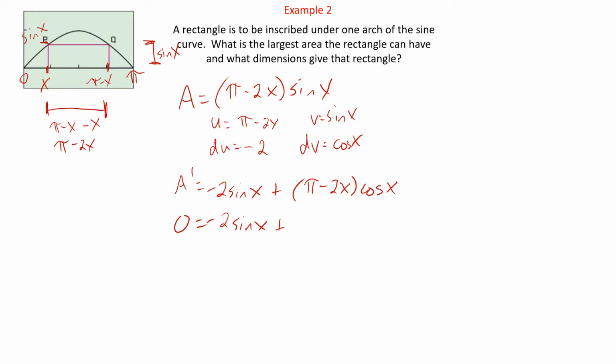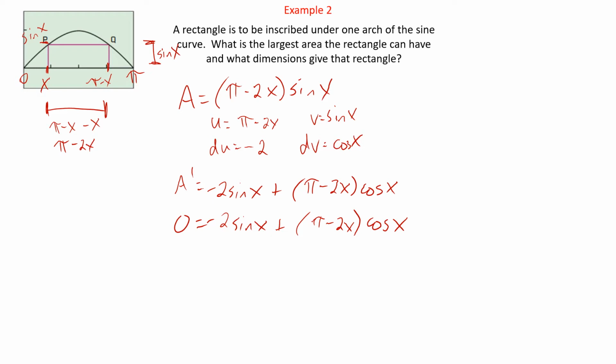Negative 2 sine x plus pi minus 2x cosine x equals 0. To find out where this equals 0, we could distribute the cosine, but is that going to do a lot of good? Maybe, maybe not.